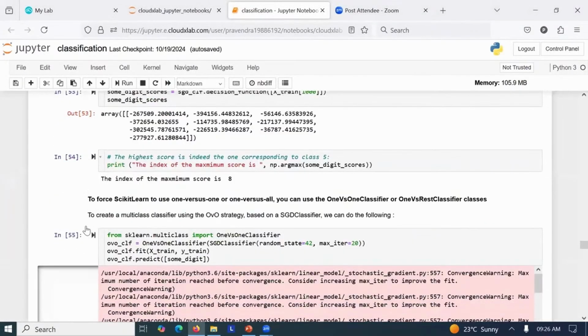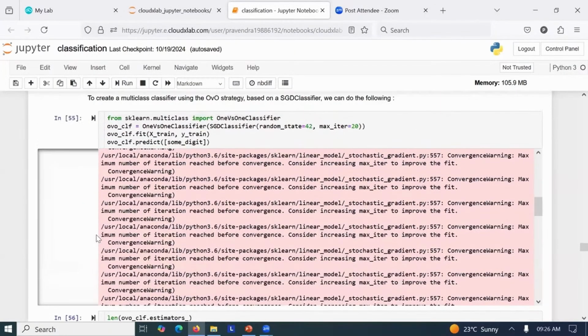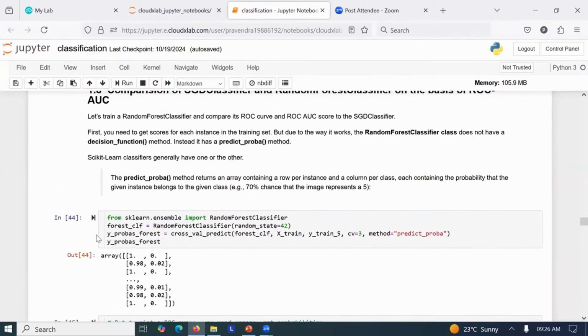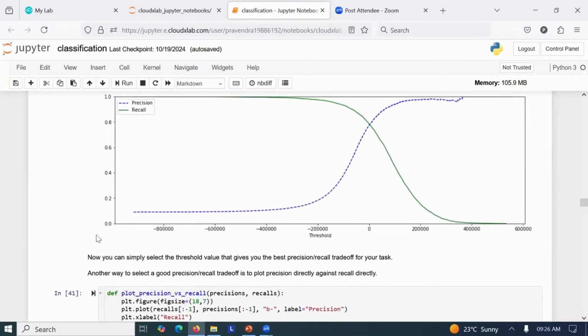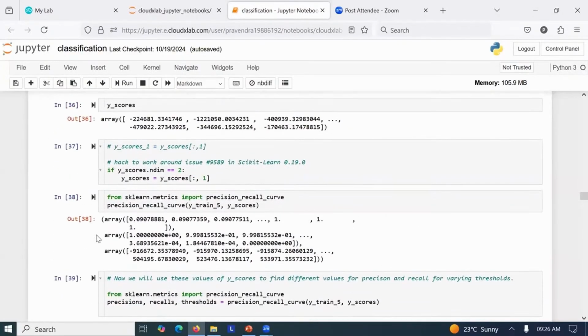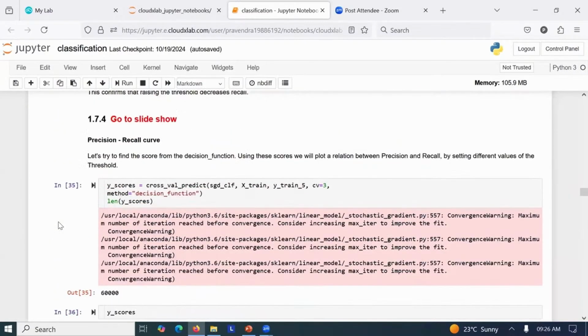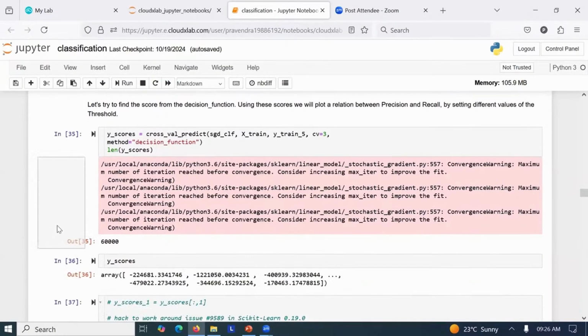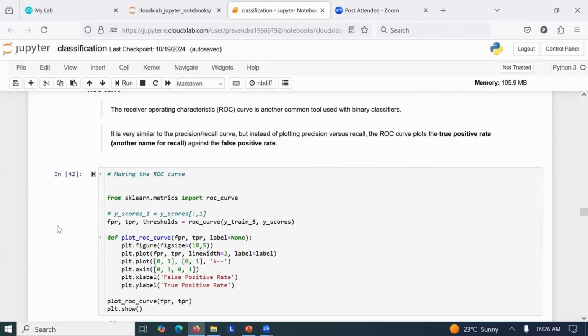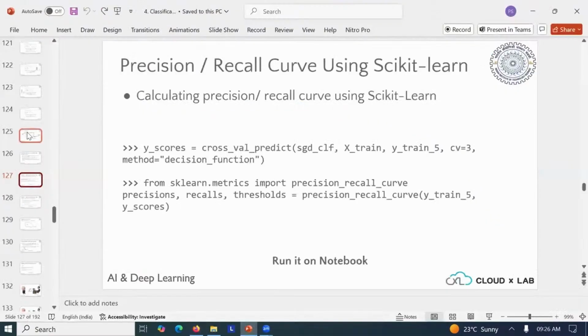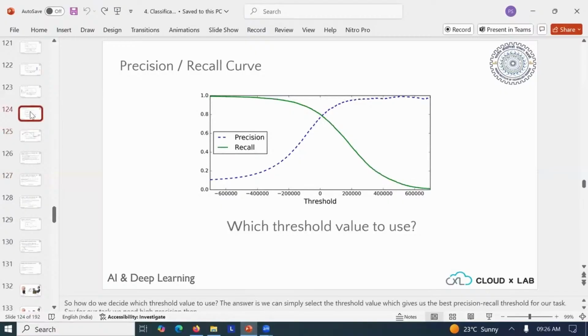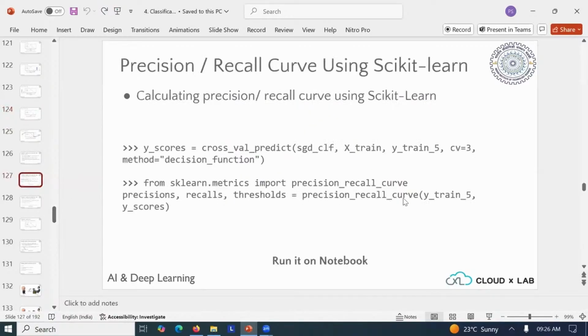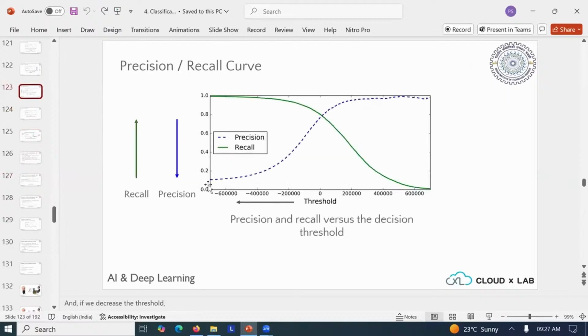So if you call this function precision_recall_curve, we will get three values: precision value, recall value, and threshold value.